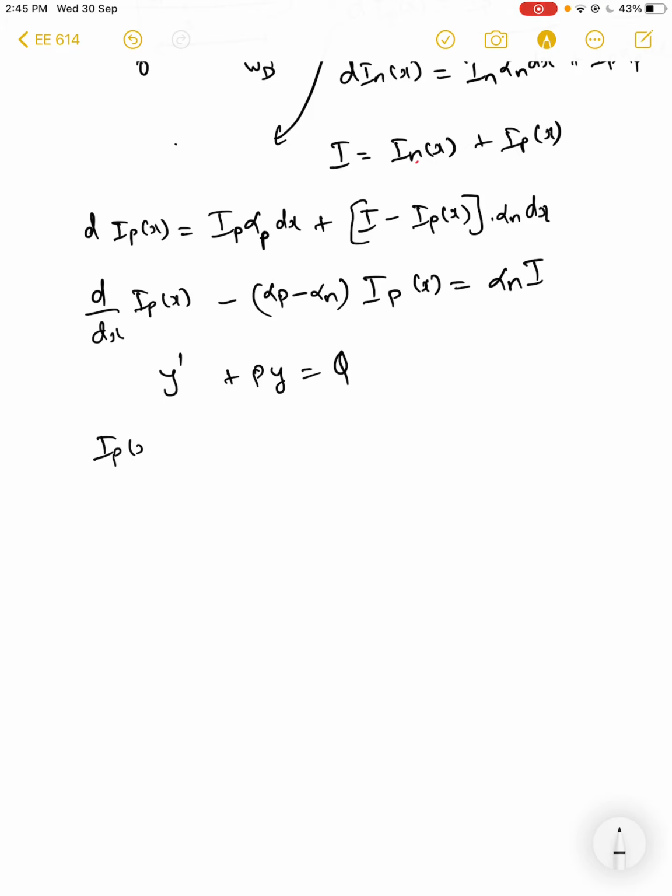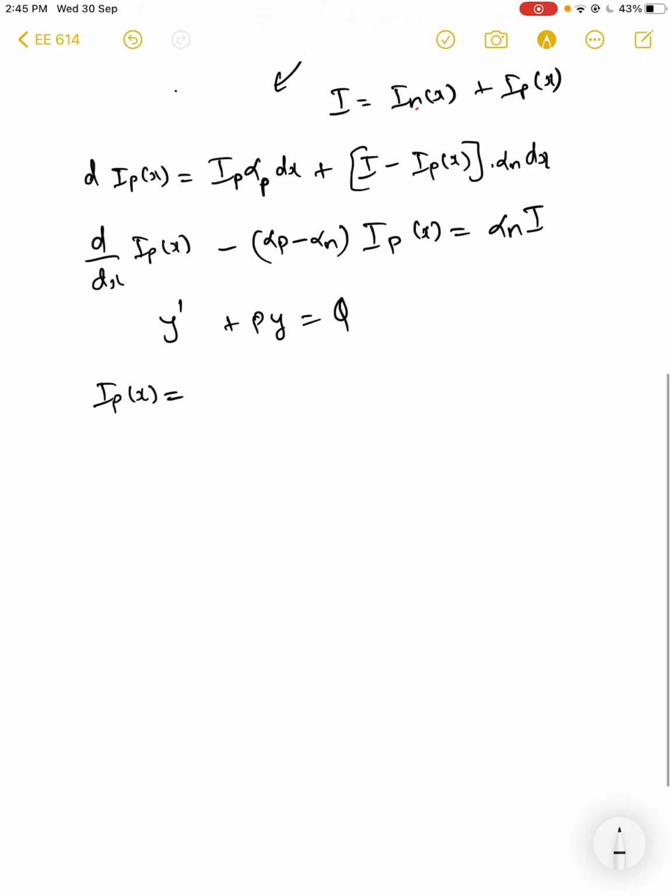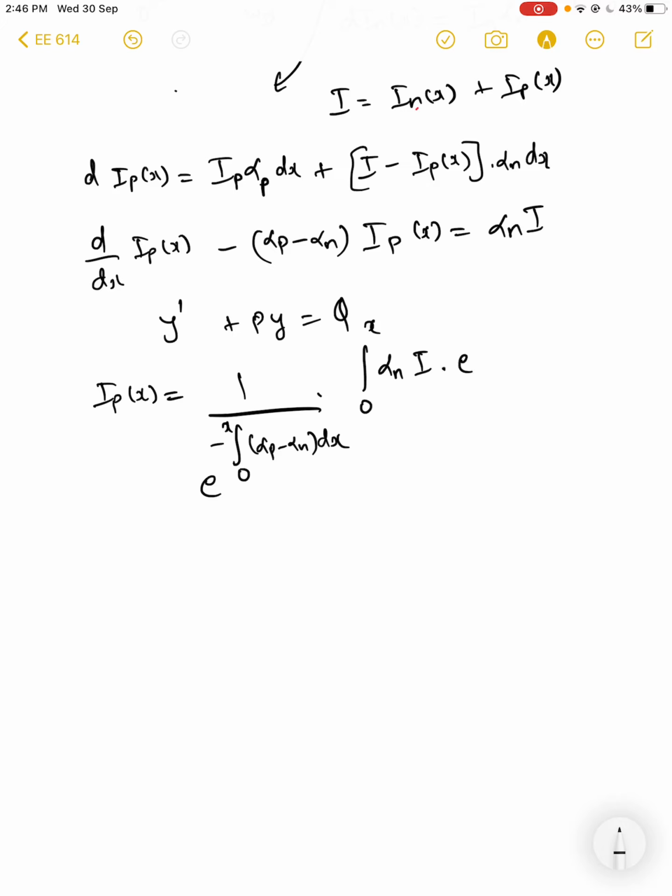The solution is Ip of x is 1 by e power minus integral 0 to x of (alpha p minus alpha n) dx, times integral 0 to x of alpha n I into e power integral 0 to x of (alpha p minus alpha n) dx dash.